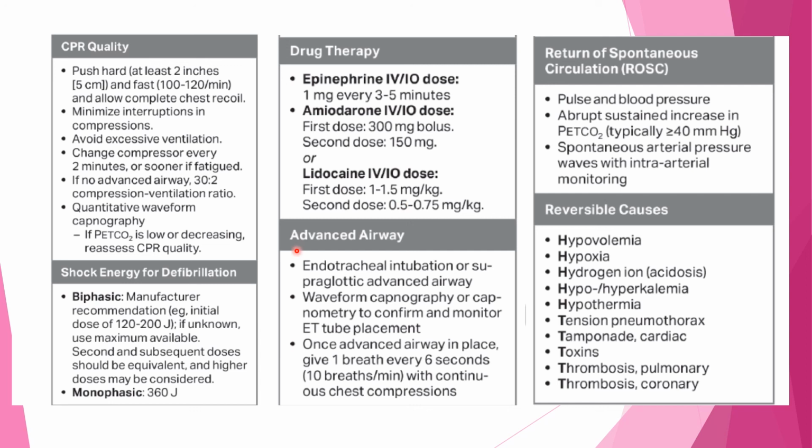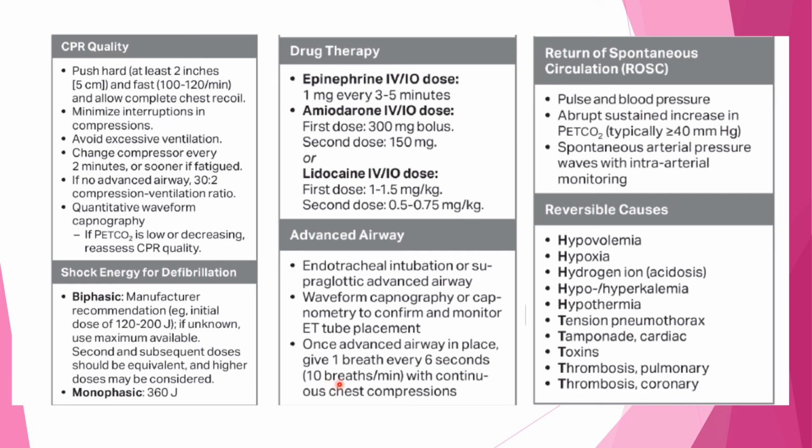For advanced airway, endotracheal intubation or supraglottic advanced airway, I will attach waveform capnography to confirm and monitor the ET tube placement. But once the advanced airway is in place, I will give one breath every 6 seconds.